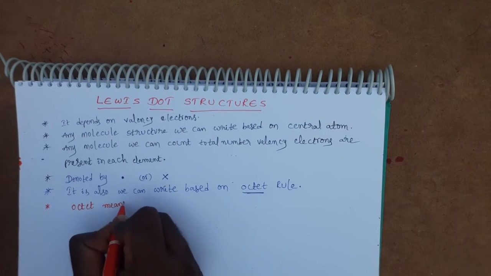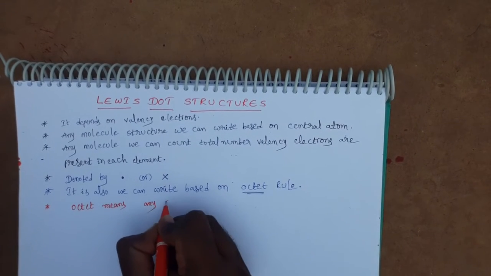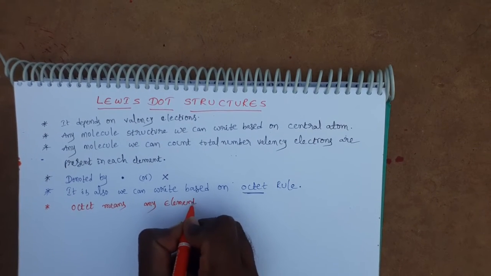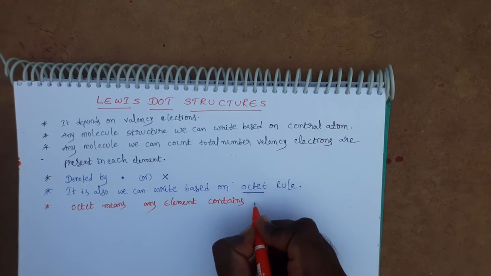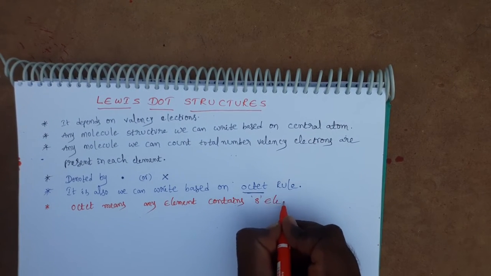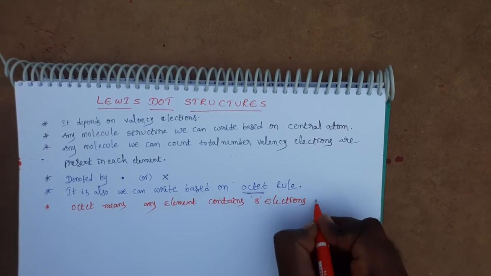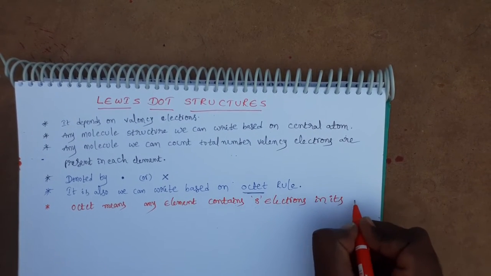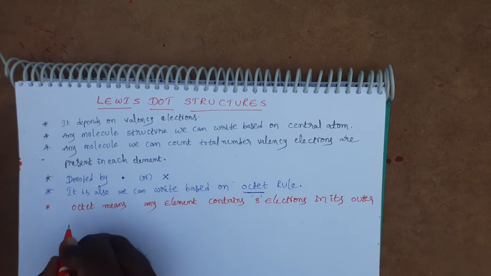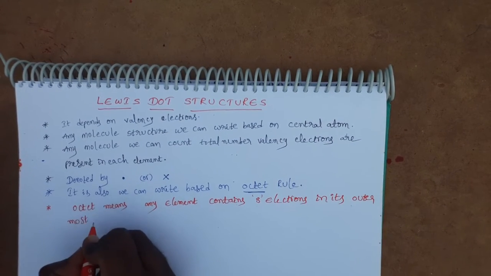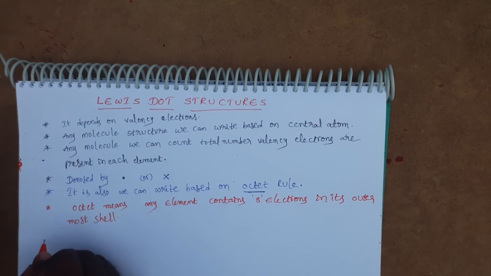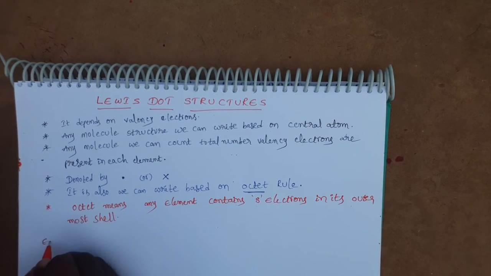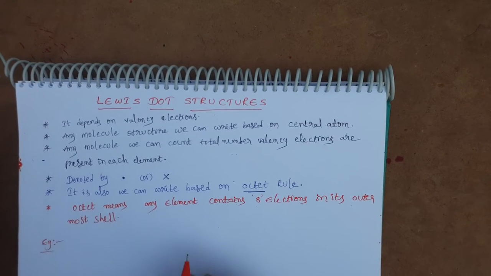Octet means any element contains 8 electrons in its outermost shell. This is called the octet. Like this we can follow the Lewis dot structure.